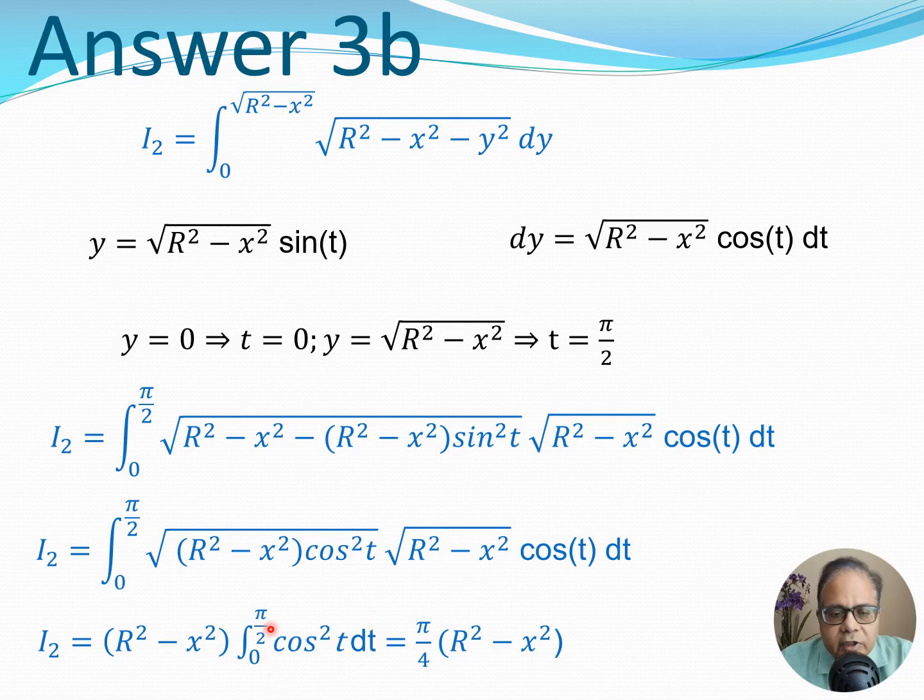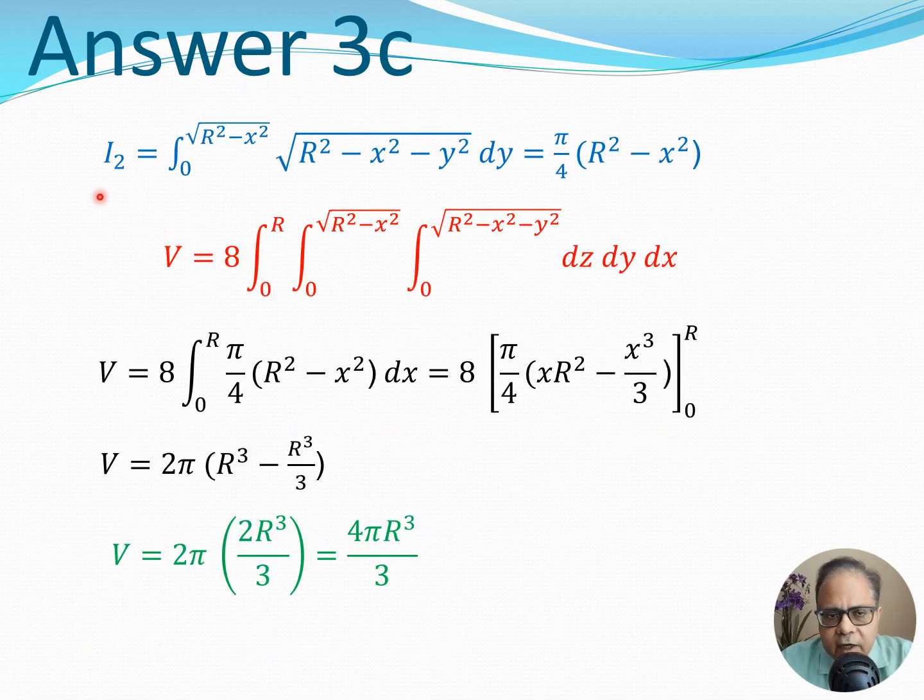Now this particular integral 0 to pi by 2 cos square t dt you can very easily calculate. I think we have done in some of our very previous lectures in this math mania playlist, and you will get this to be pi by 4 r square minus x square. So this is the I2 integral.